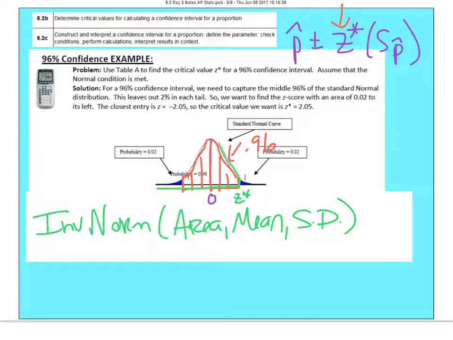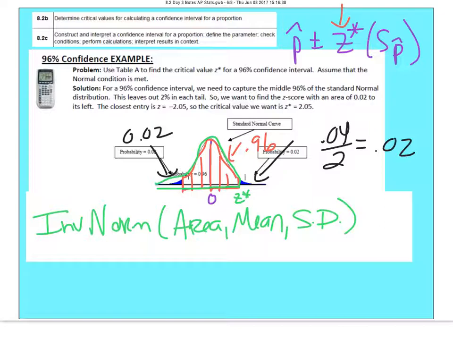We want it from here all the way down. Now we've accounted for 96% of the curve, which means 4% of it has to be shared within these two tails. If you take 4% and cut it in half, that's 2%. So we have to tack on an additional 2%. So we really want to find 98% of the area under the curve.